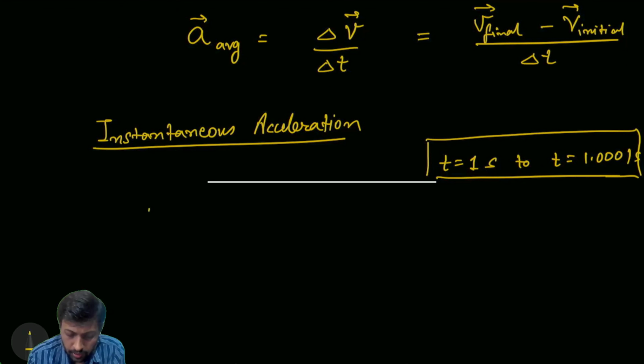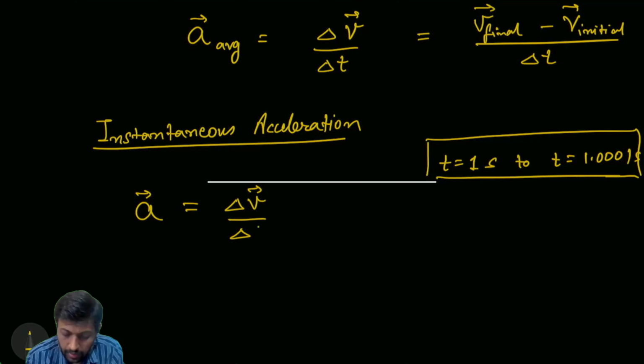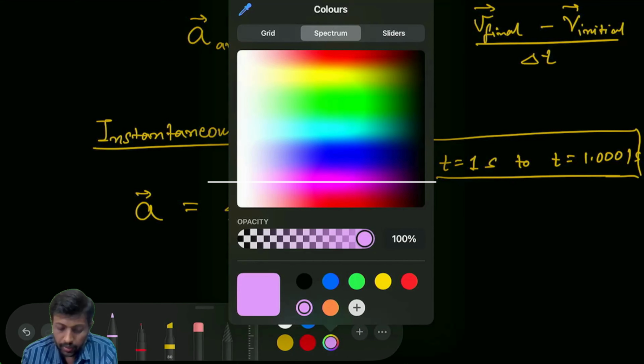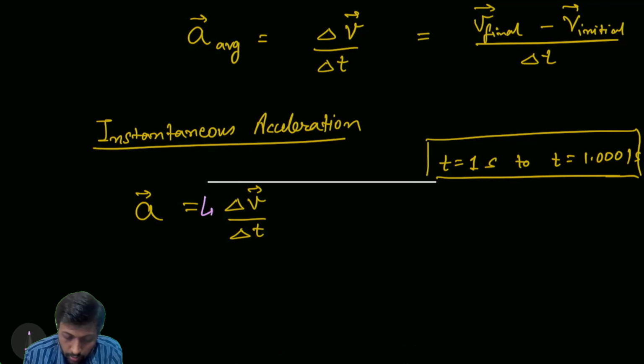It is defined as delta v by delta t itself, but where delta t is very, very small. So limit delta t almost going to zero.